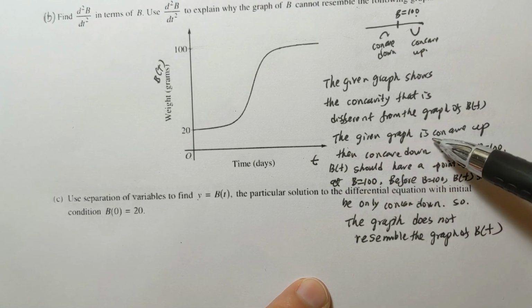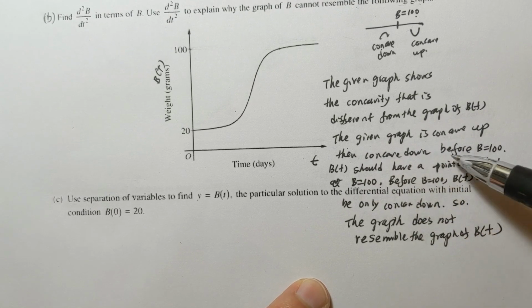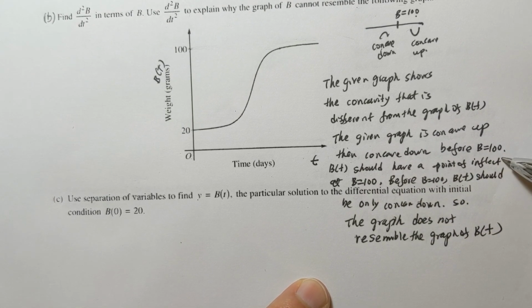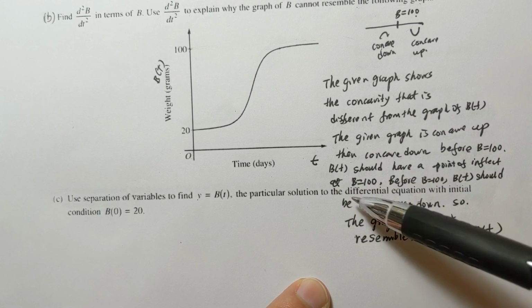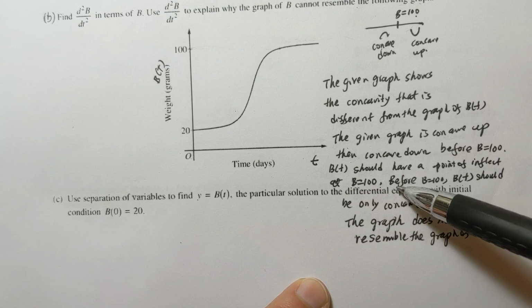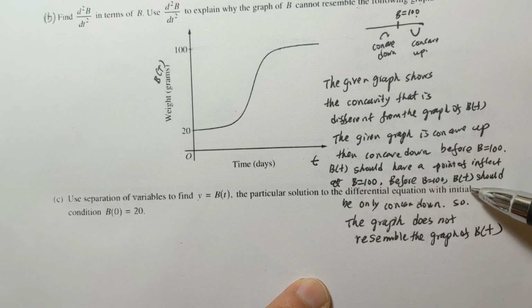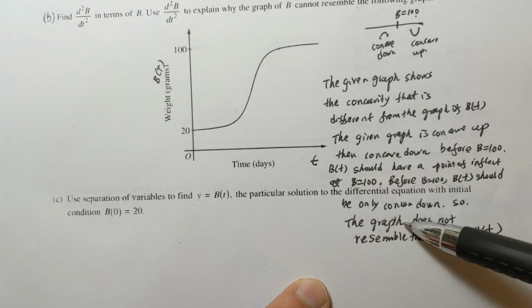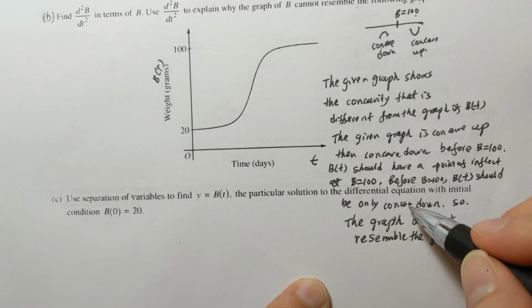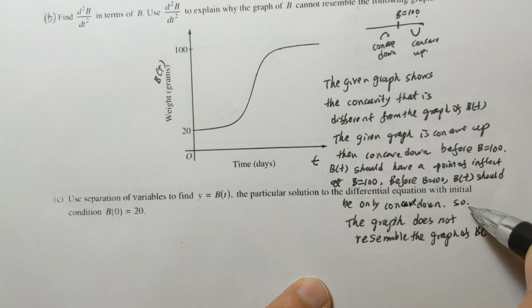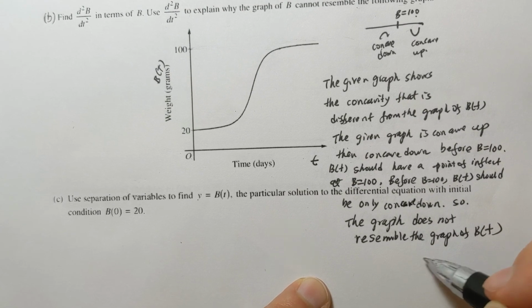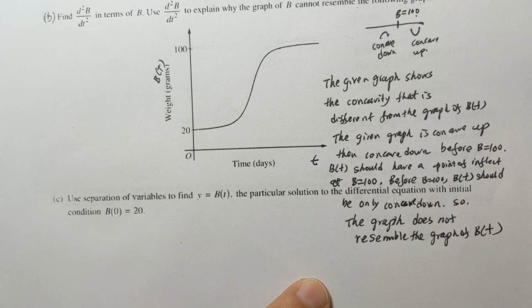The given graph is concave up, then concave down before b equal to 100. B of t should have a point of inflection at b equal to 100. Before b equal to 100, B of t should be only concave down. So the graph does not resemble the graph of B of t. So we finished part B.